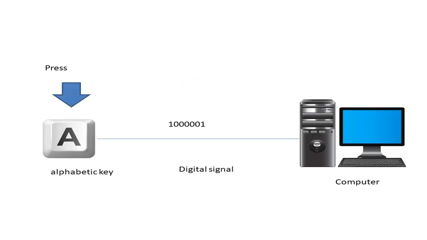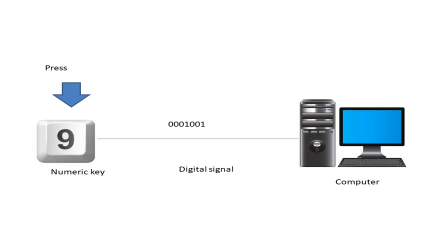And also when you press A on the alphabetic keys, it will generate a signal 1 0 0 0 0 0 1, and it will go directly from the keyboard to the computer, and the computer will understand this 1 0 0 0 0 0 1 as the letter A, and it will store it in the computer.